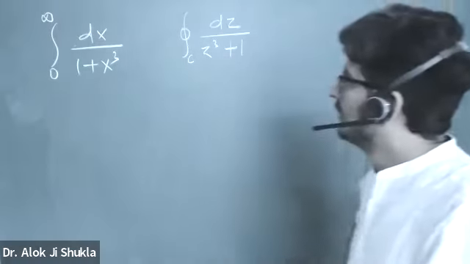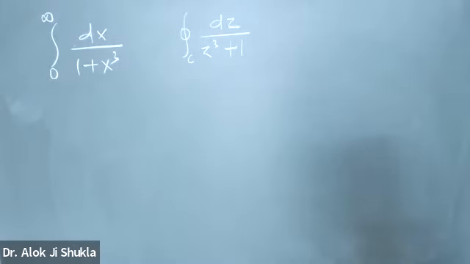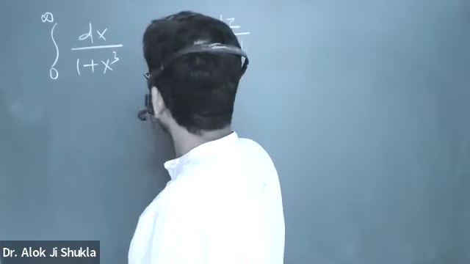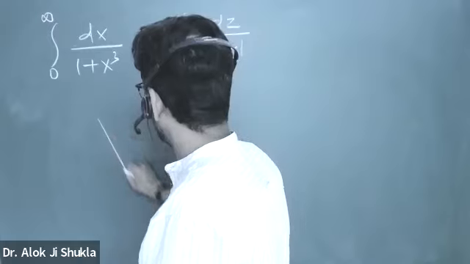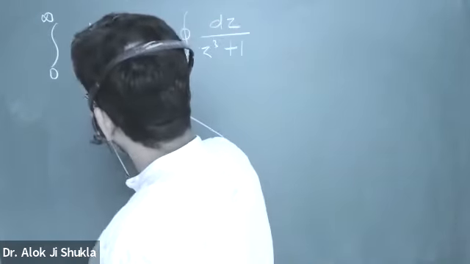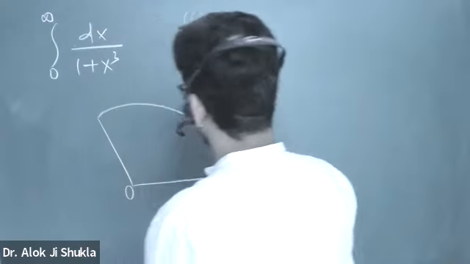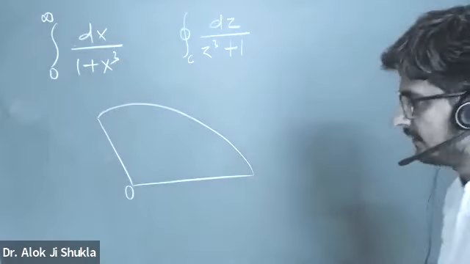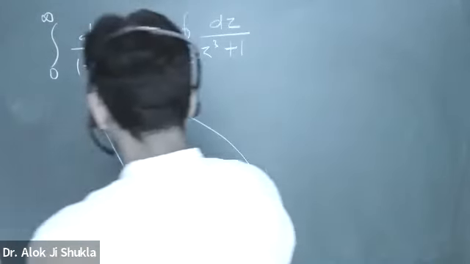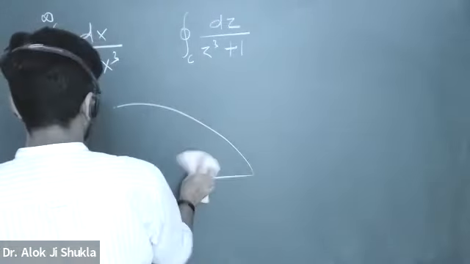So what type of contour do we take? Here, the answer is we will take a contour like this, because we have to go from 0 to infinity.